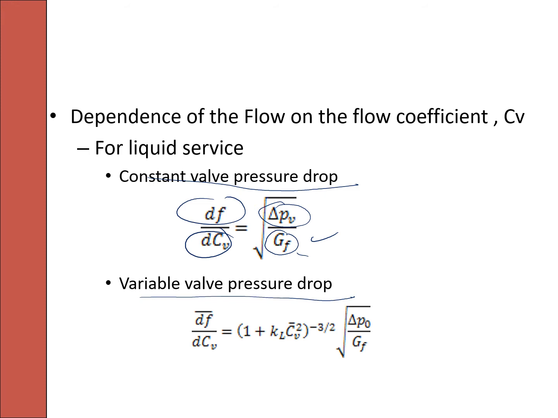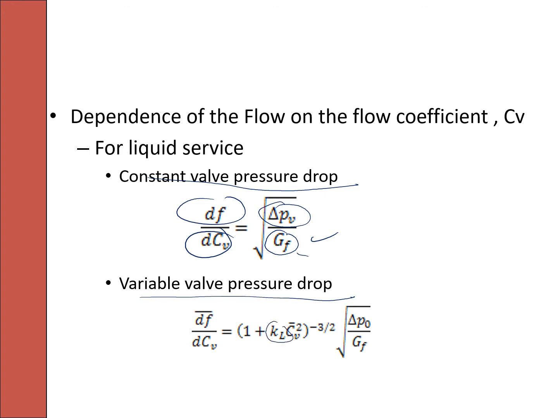Okay, this is the formula for the variable valve pressure drop. There are a few terms inserted inside this formula. KL is the constant friction coefficient.